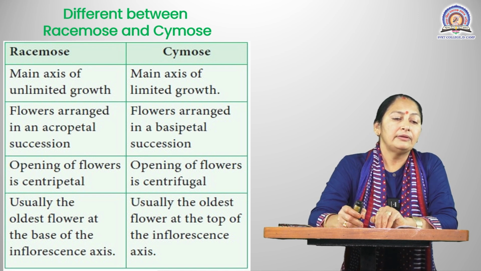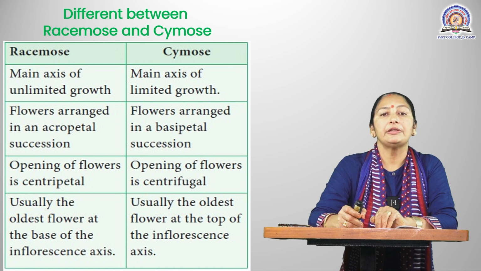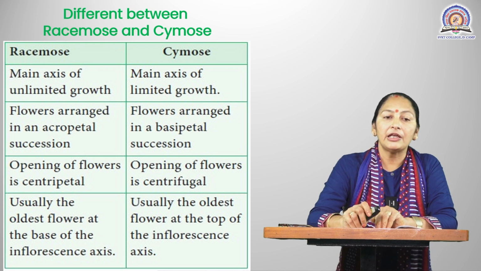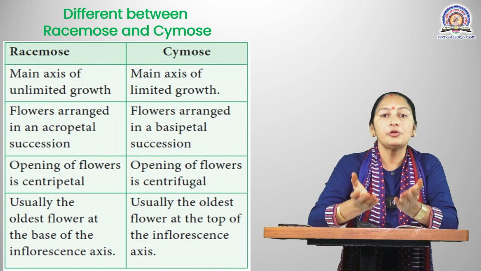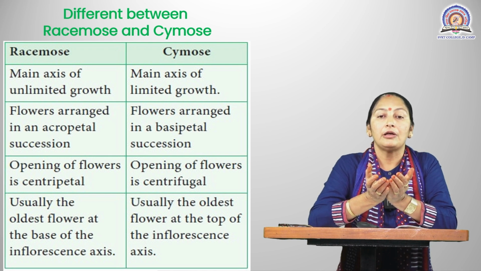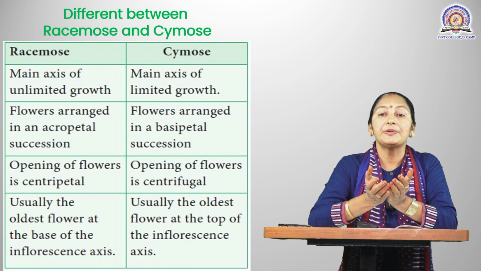Okay, then next, the third difference between the racemose and cymose is that the opening of the flower is centripetal. In the racemose type, some flowers are in a circle, for example the sunflower.